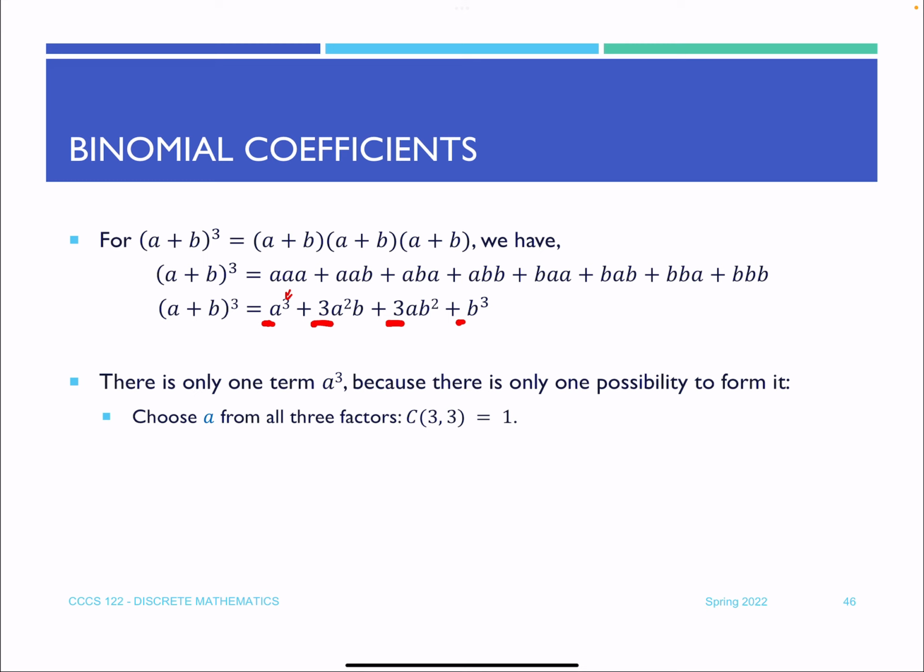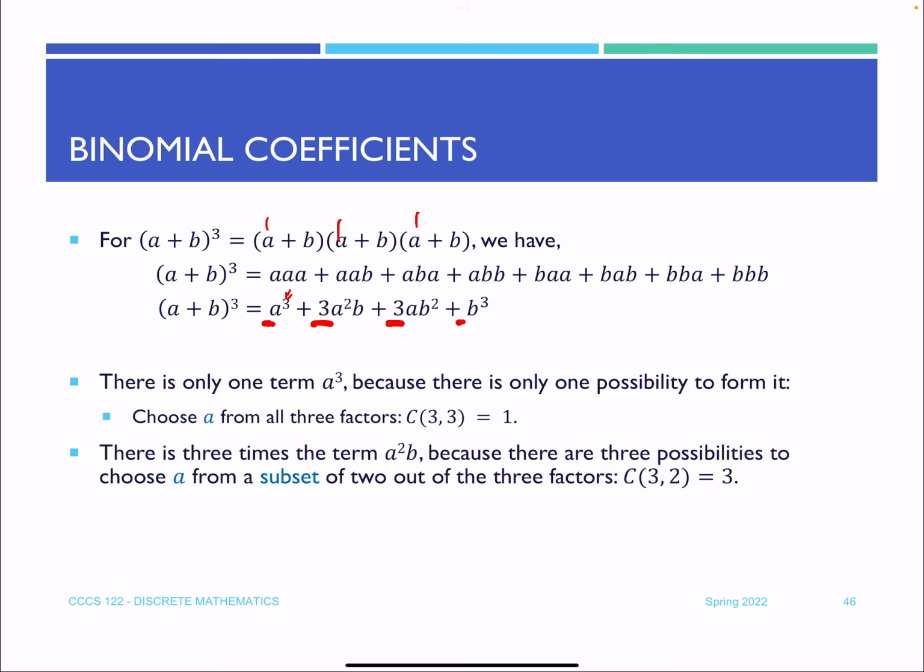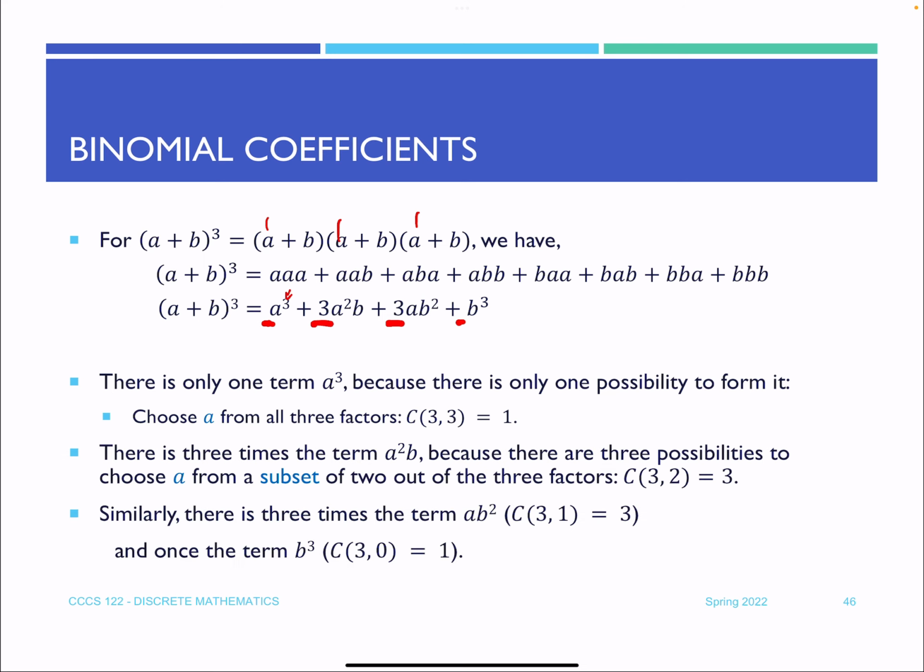So there's only one term a cubed because there's only one possibility to form it, right? Where a gets multiplied with this a gets multiplied with that a, and so on. So there's only one way to do that. There are 3 ways you can select a.